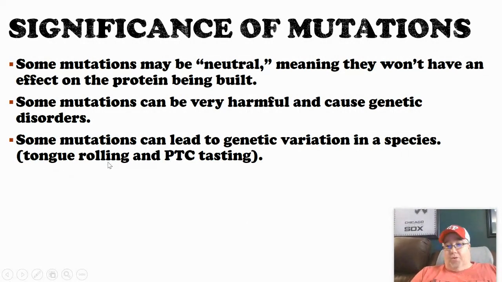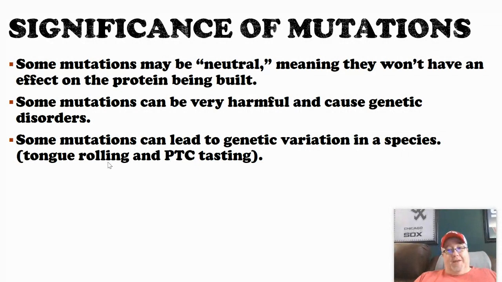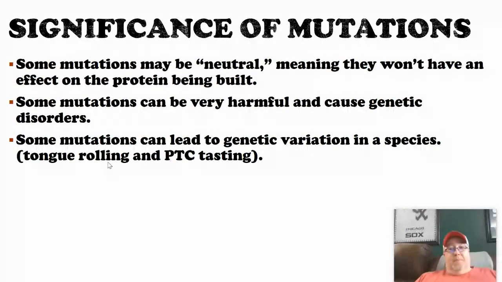is tongue rolling. If you can roll your tongue like this, like that, okay, then you're what we call a tongue roller. The ability to do that is actually caused by a gene. If you can do that, you have a certain gene.